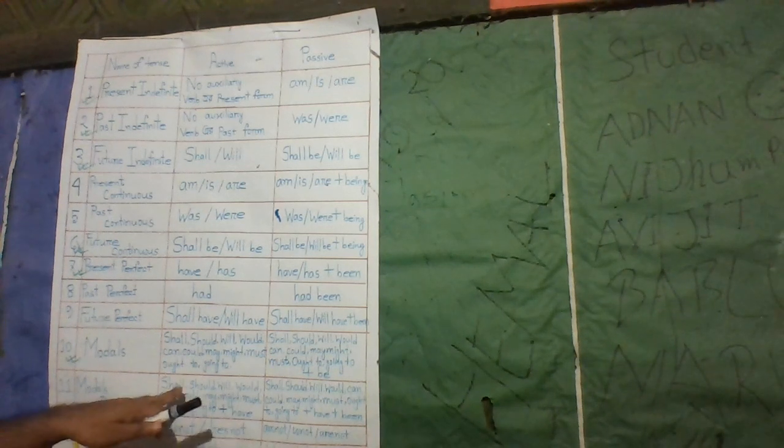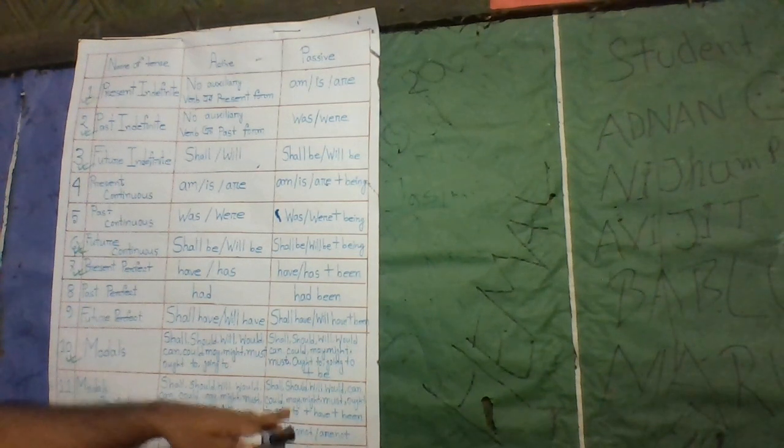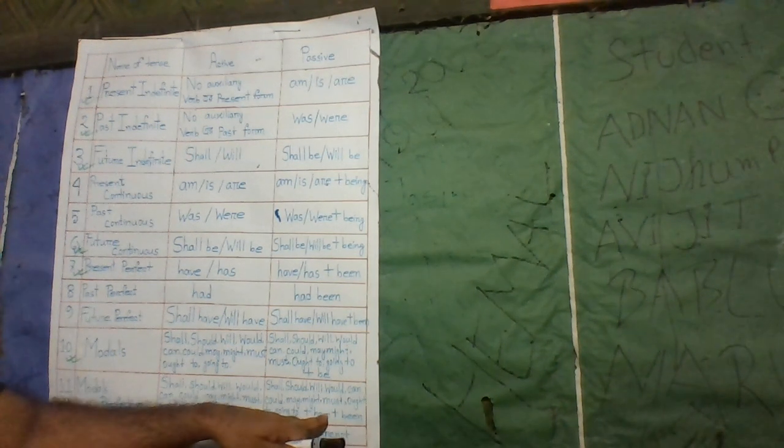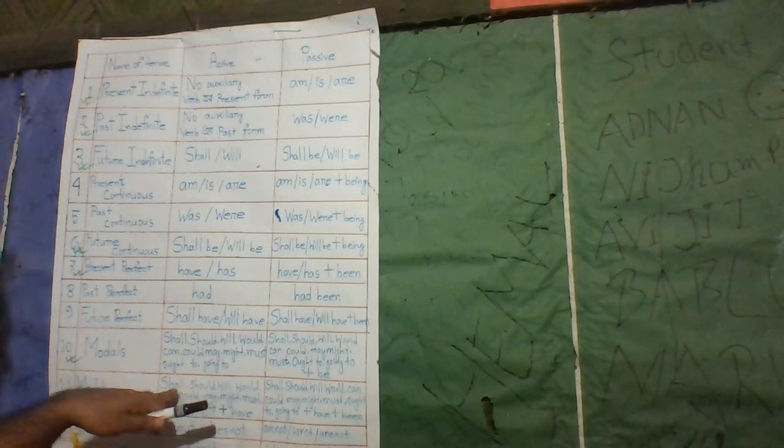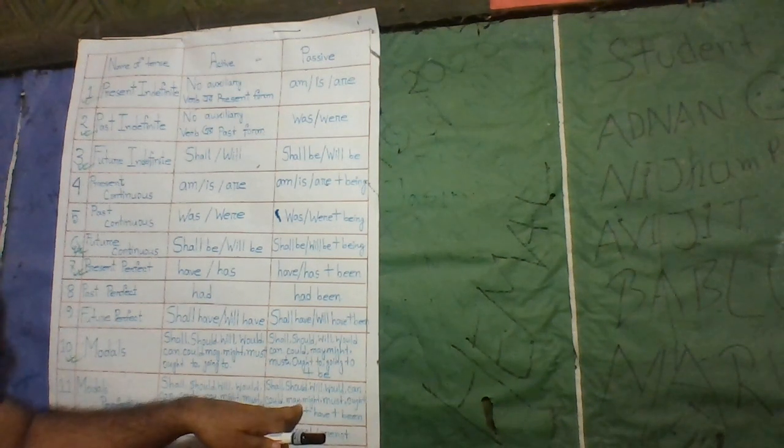Modals plus perfective, that is modal auxiliary plus have. If you find modal auxiliaries plus have in the active sentence, you will have to use extra auxiliary being there. That is, if you find should have in the passive sentence, it will be should have been.